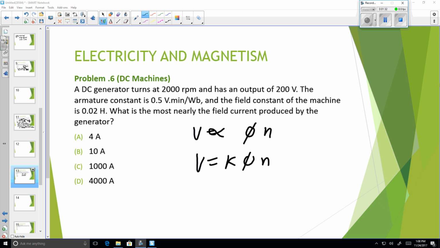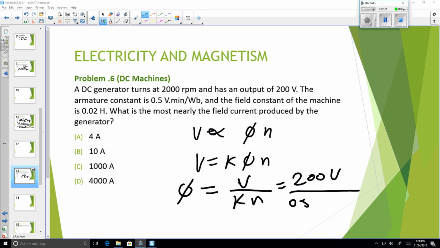Since the armature constant is given as 0.5, the generator is rotating at 2000 RPM, and the induced voltage is 200 volt, we can clearly calculate the flux. So phi is V over K N, which is 200 volt divided by 0.5 times 2000 RPM. That would be 0.2 Weber.